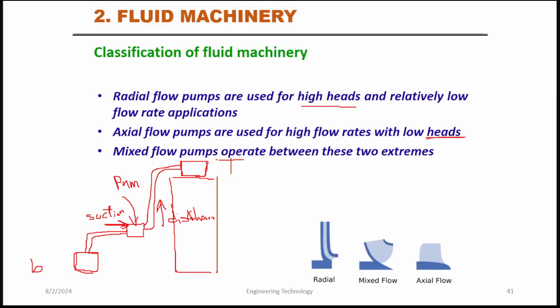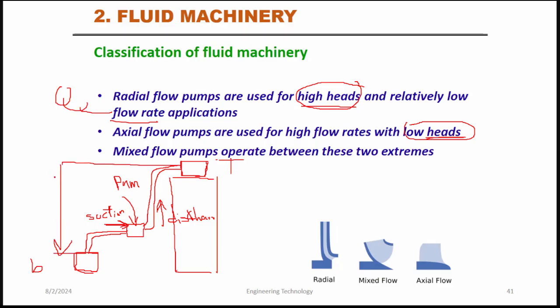They told us radial flow pumps are used for high heads. Axial flow pumps are used for high flow rate with low heads. You know about flow rate, Q value. Flow rate means Q. What does head mean? Head means this height.